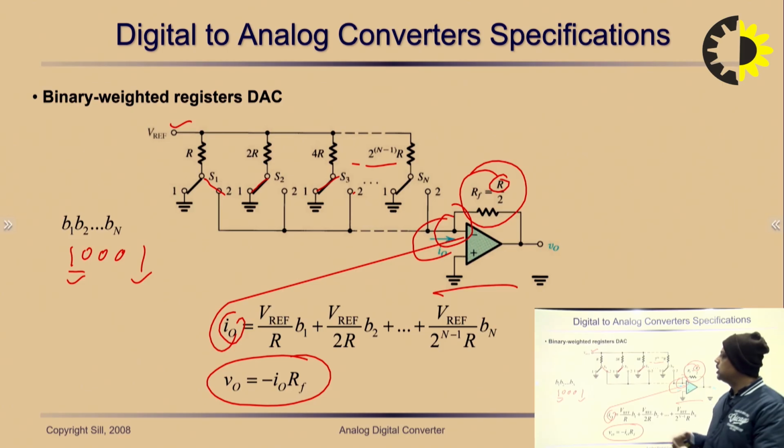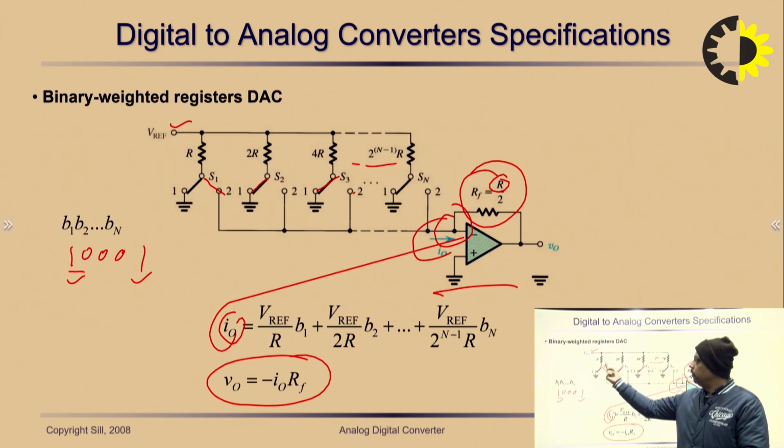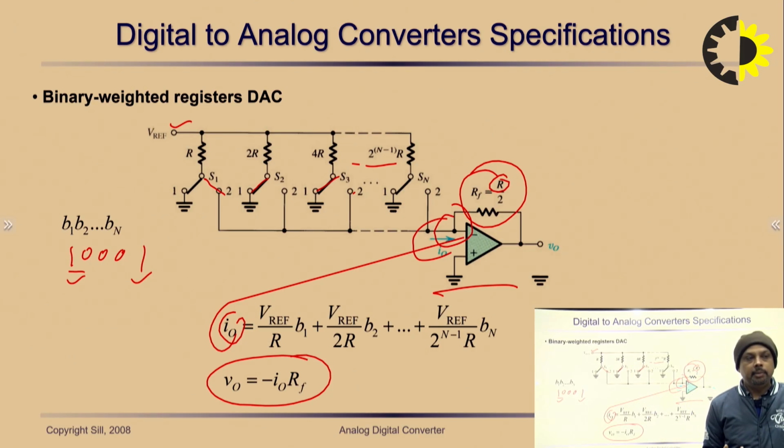The problem with this converter is that the value of the resistance is going to be doubled every time. So if the value of n is very large, a variety of resistances is required, which take different spaces on the IC over which we are going to implement this circuit.